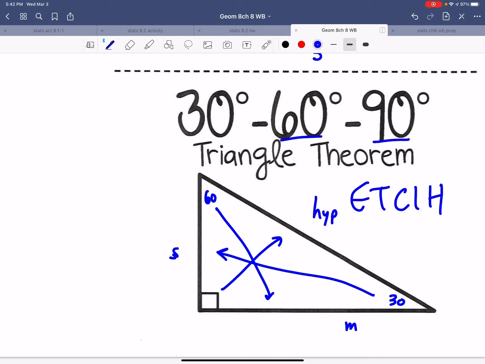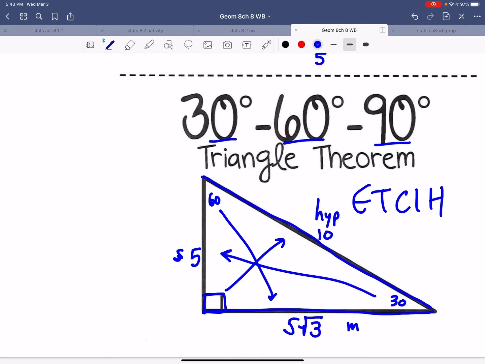Our longest side. We had seen that if our equilateral triangle was 10 by 10 by 10, then this line, the altitude, cut this one in half, and it would be 5. Then using the Pythagorean theorem, we found this medium side would be 5 times the square root of 3.